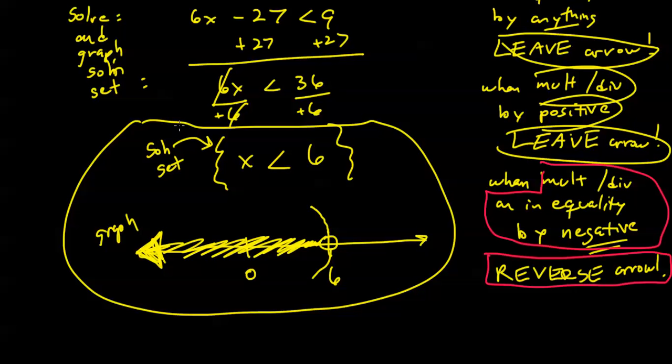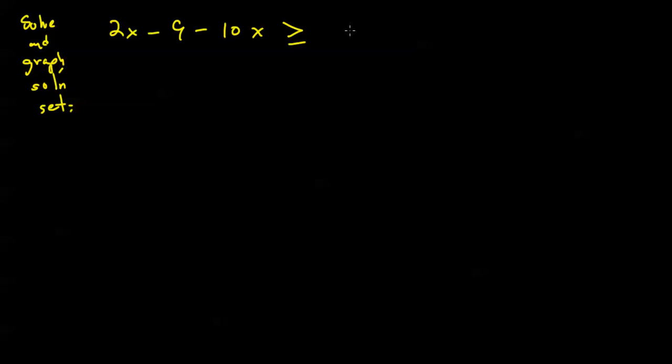Alright, let's try something a little harder. Solve and graph the solution set. 2x minus 9 minus 10x is greater than or equal to 3 plus 4x plus 12.